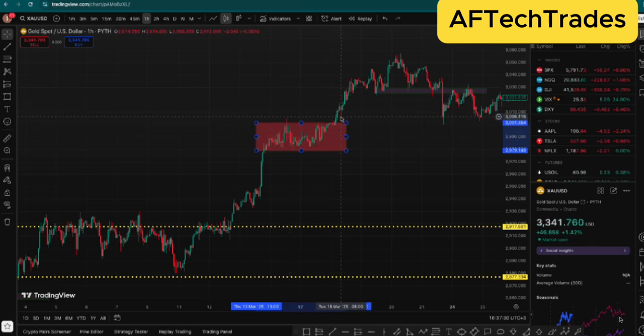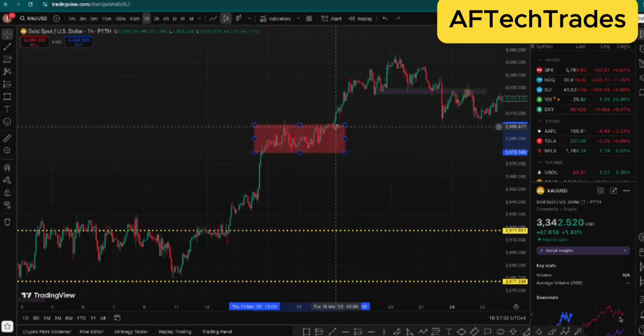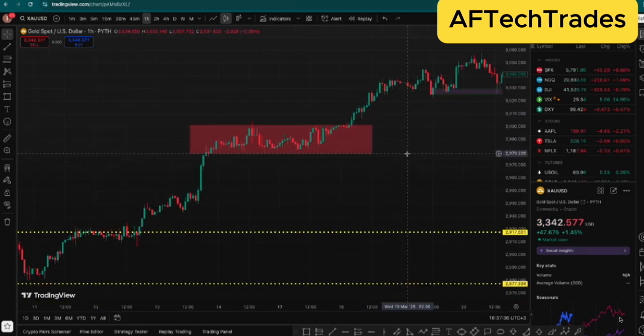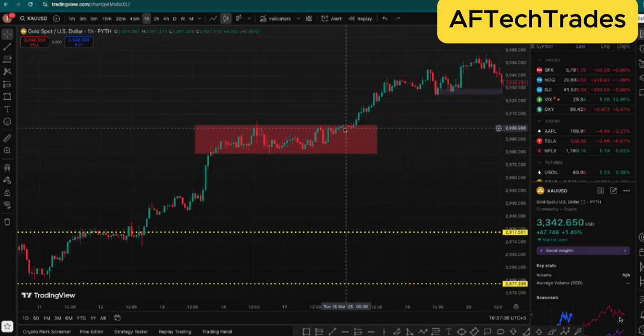So you wait for a breakout. After confirming with an engulfing candlestick, please, you don't just jump into the market. You have confirmed, okay, this candlestick breaks above where you marked, and a bullish candlestick formed above your zone, then it is safe for you to enter the market.